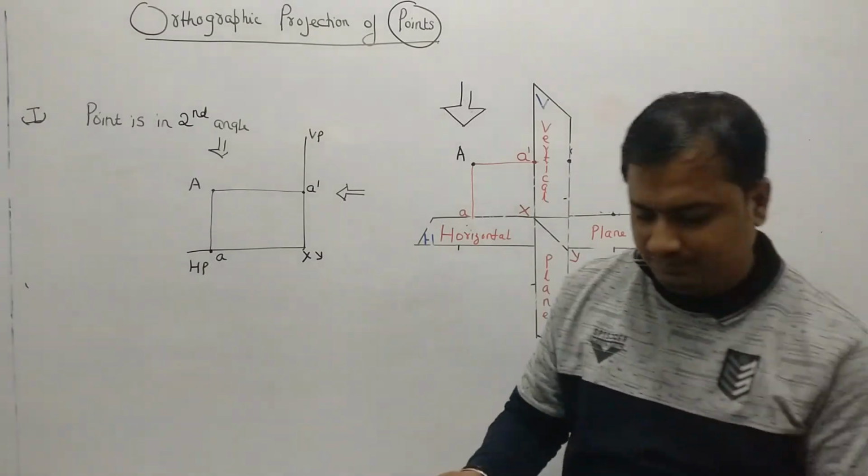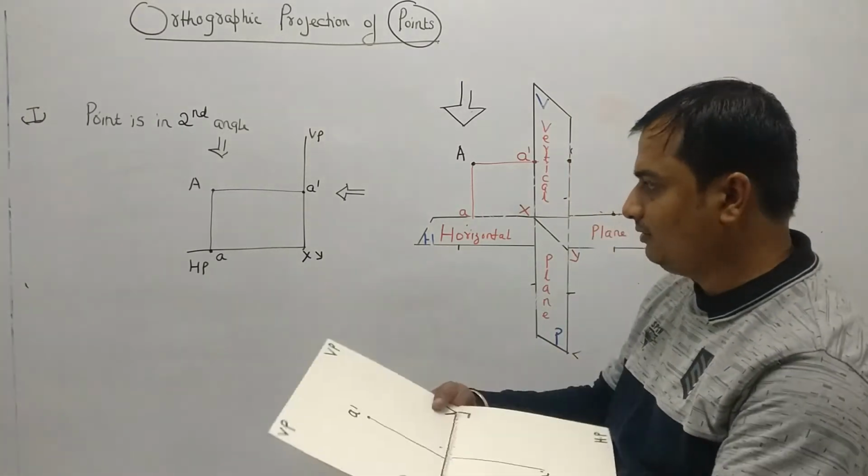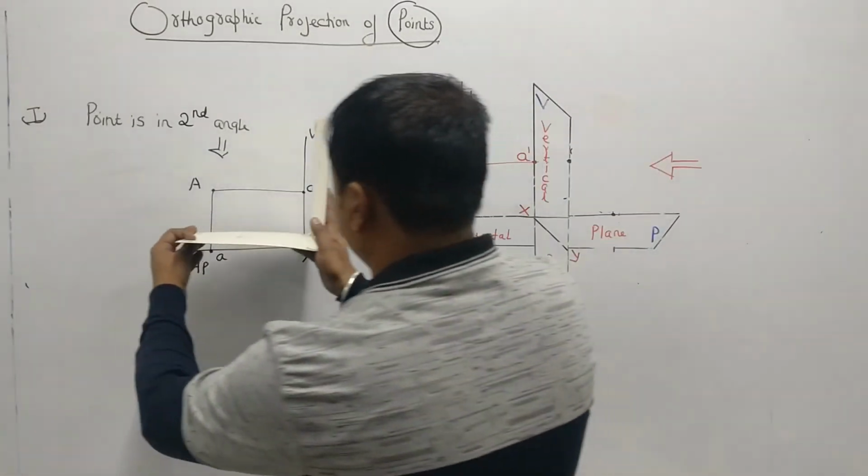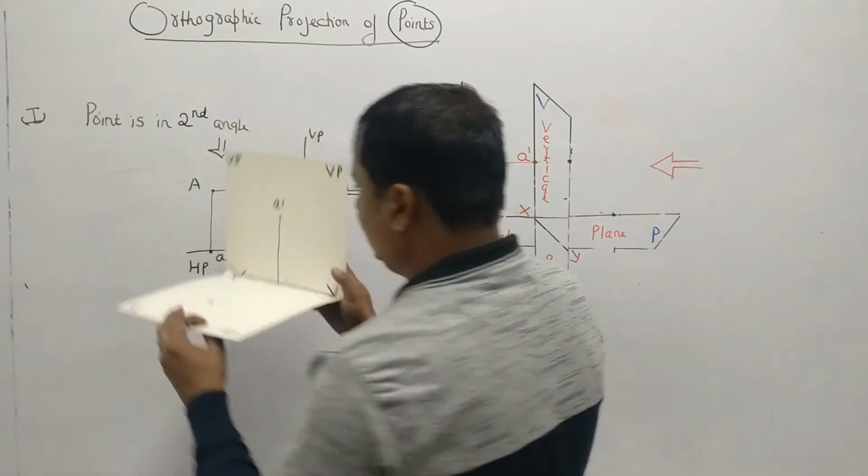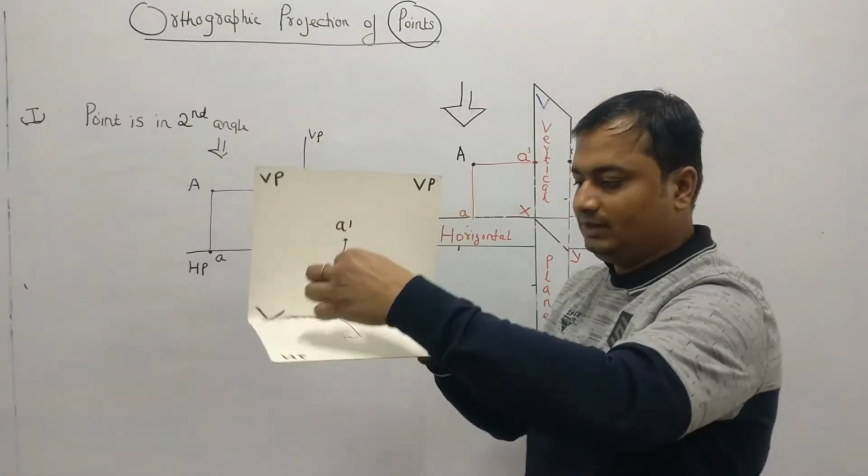Now it is looking like this: this is my second angle, this is A dash, and A is here.